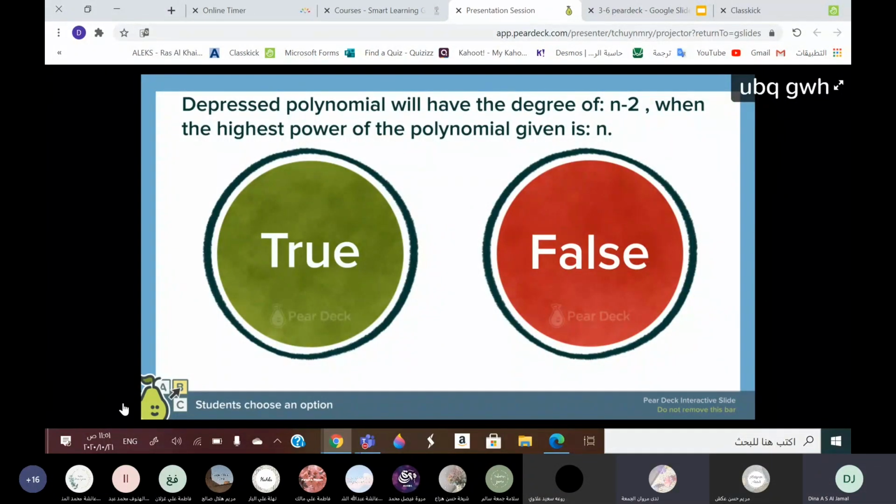Now let's go to this question, and I want Nada to read this question. The first polynomial will have the degree of n minus 2 when the highest power of the polynomial given is n. True or false? Do not answer me. Answer in Pear Deck.